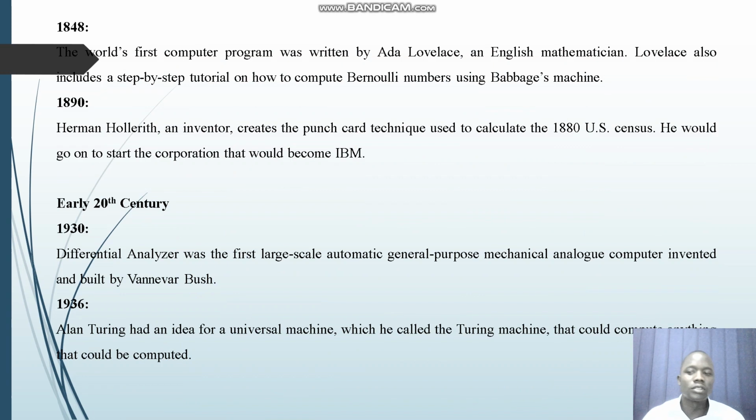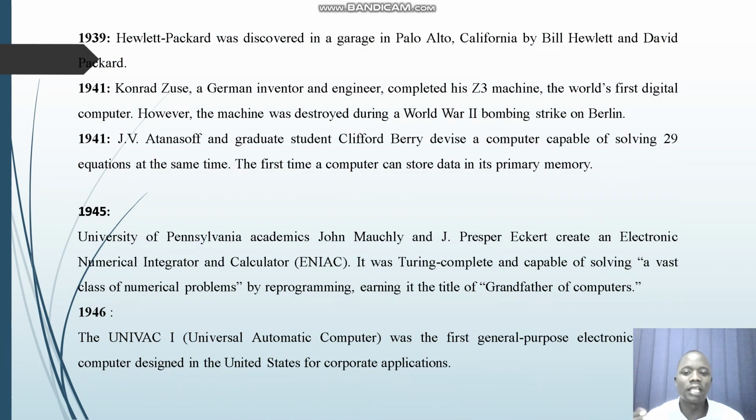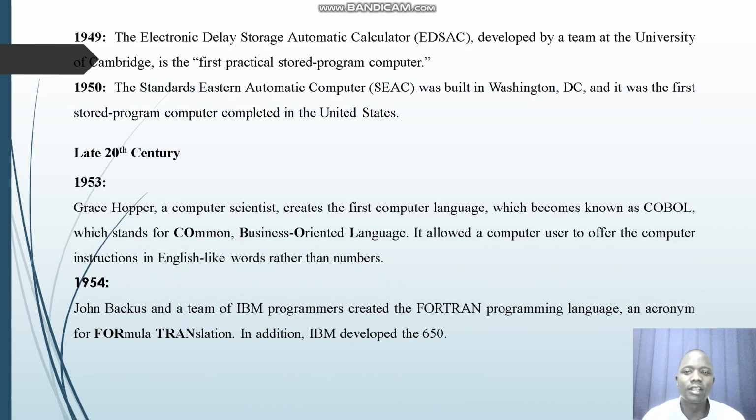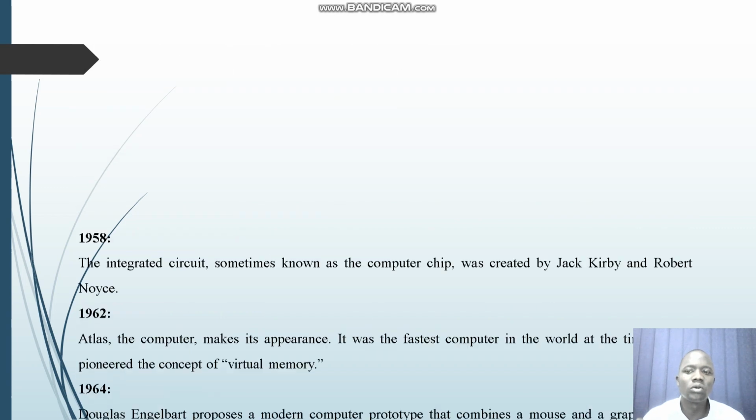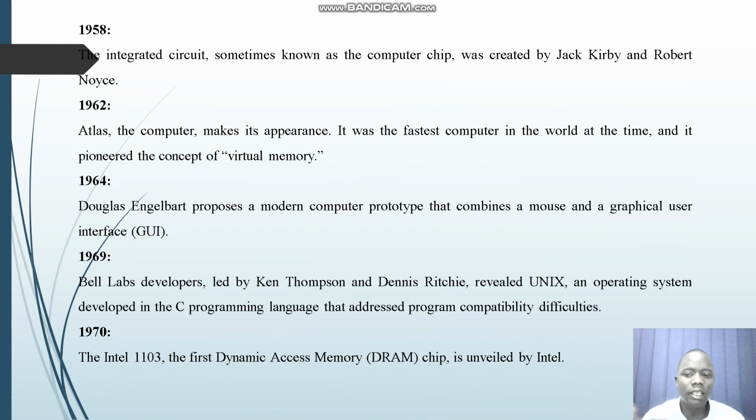We move on to the 20th century. That was from around 1930, where we see different developments arising in different years. And this is where you see the hallmark. As I was presenting in the generations, I categorized it in a given time range, and this is now splitting it in terms of different years, what the development was in different years as technology kept on moving on, which languages they were using, and what different inventors came up with.